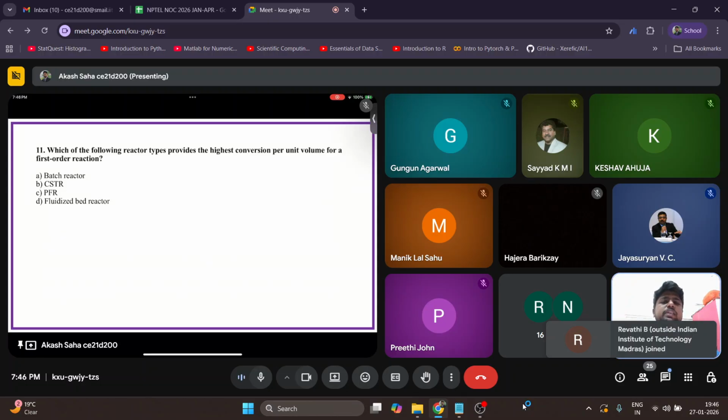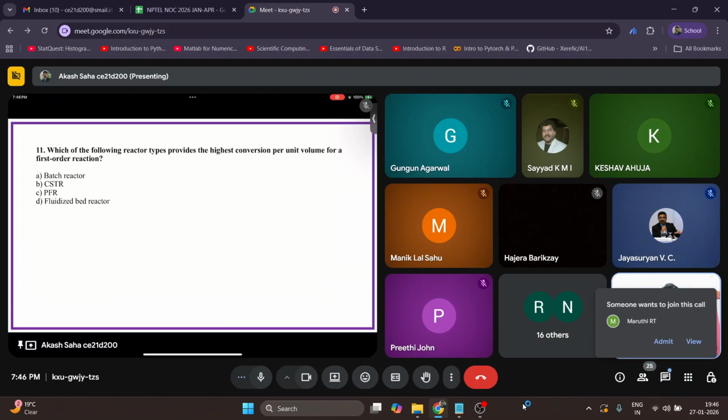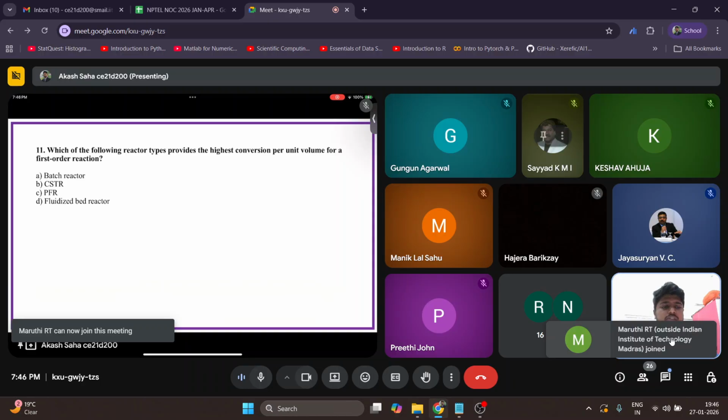In which of these reactors will the conversion rate be higher? If I am putting 100 milligram per liter of contaminant, where will the degradation, or the change in concentration, be the most if the volume is the same for all the reactors?